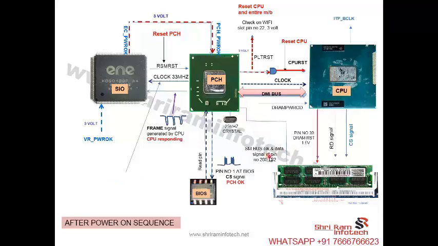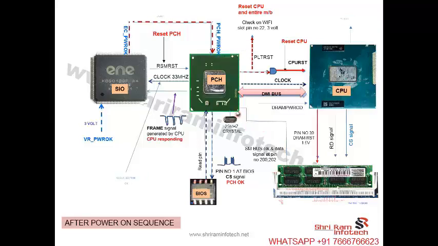It's called the SM bus, system management bus, two-wire communication between the PCH and one small chip on the RAM. This is called the SPD, serial presence detect. The SPD chip is a chip where all the RAM information is given, like what the capacity is, how much the frequency is, who the manufacturer is, all the information is there on that SPD chip.